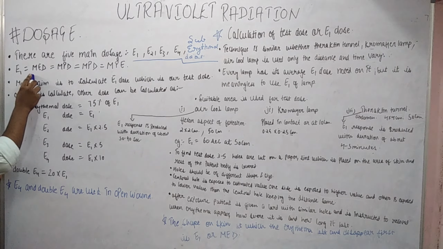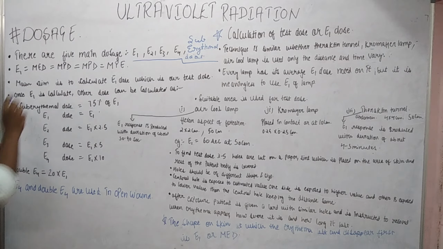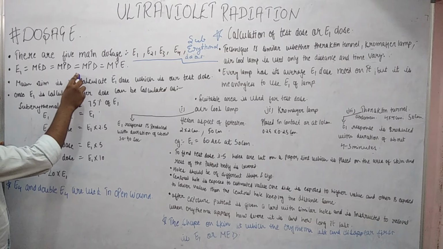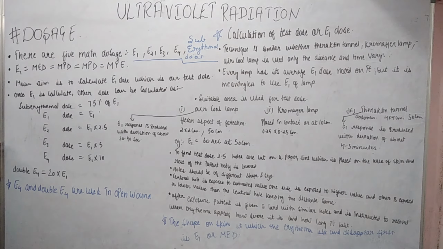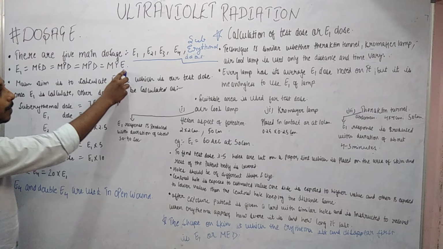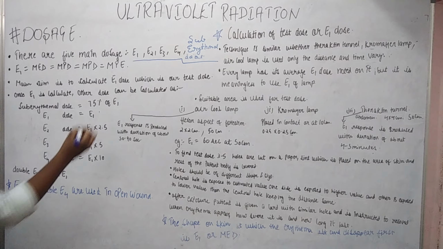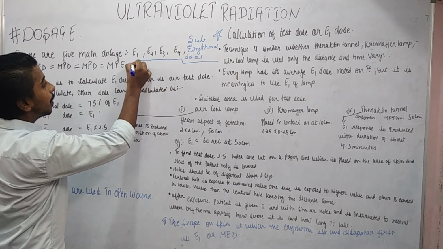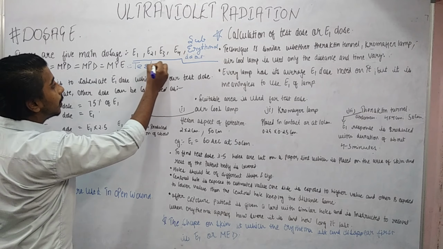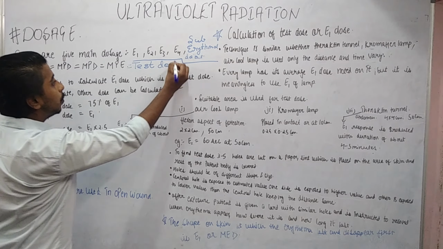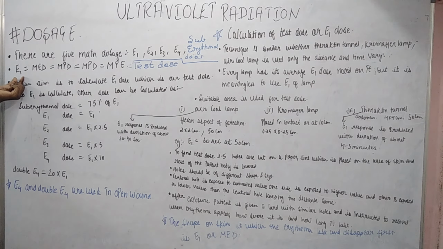E1 is also called the minimal rhythmal dose, minimal perceptible dose, minimal phototoxic dose, minimal perceptible erythema, and also the test dose, because we are going to calculate this E1 only, and after calculating E1 you can calculate the rest of the 4 doses.